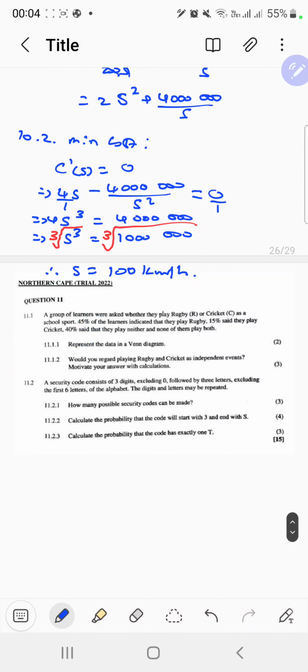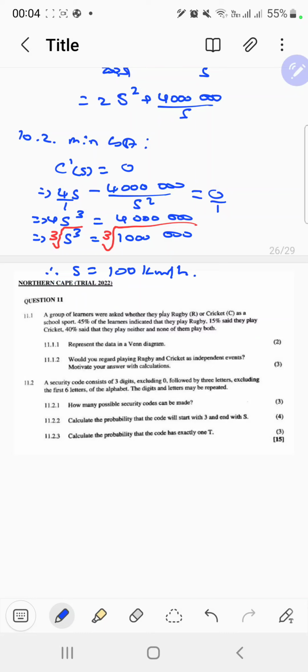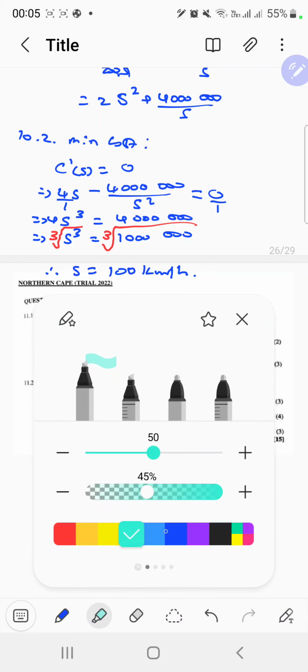Okay, so let's get to the last question, which is probabilities. We're told here a group of learners were asked whether they play rugby or cricket as a school sport. Then they are telling us that 45% told us that they play rugby, and then 15% said they play cricket.